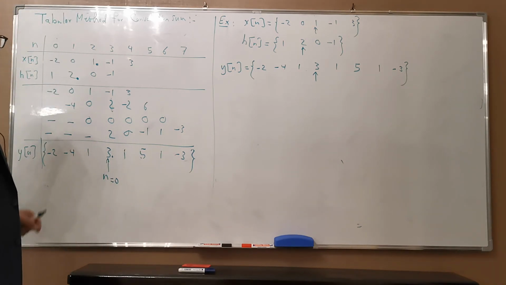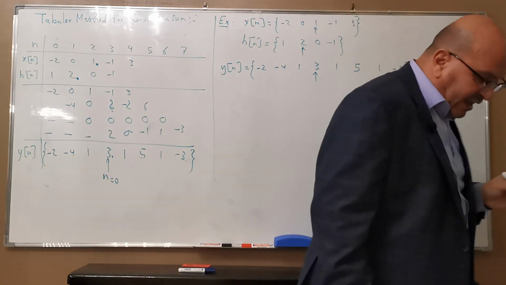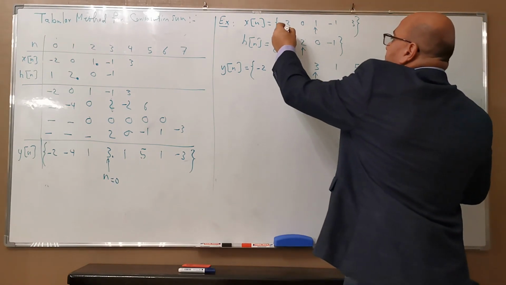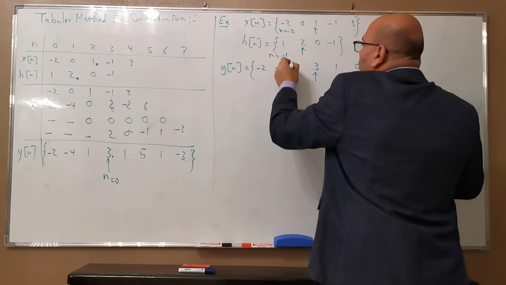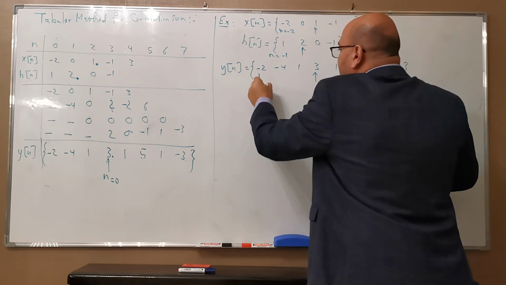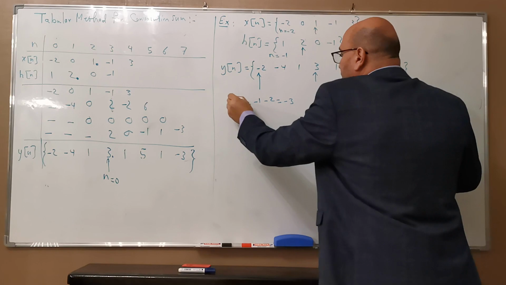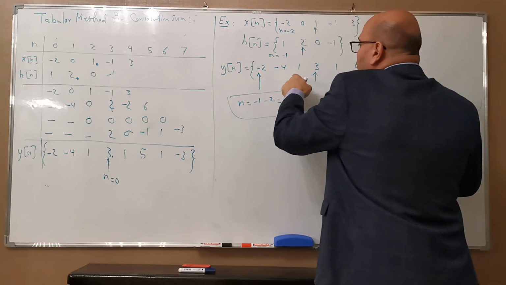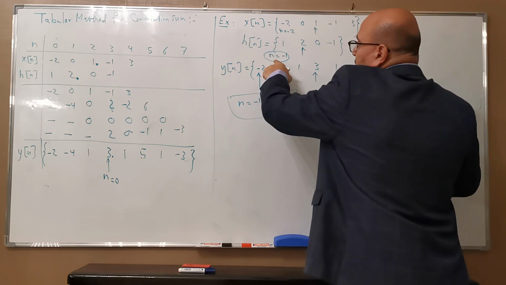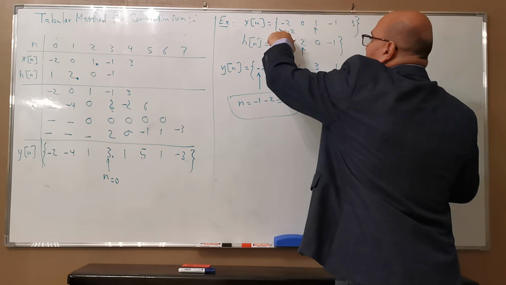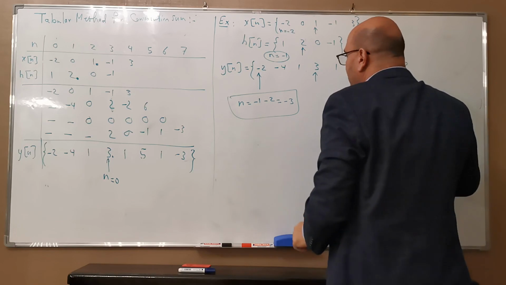If the first index of your sequence is n equals -2, and here is n equals -1, then your very first index in y is -1 plus -2, which equals -3. So 0, -1, -2, -3. It is the addition of the first index in h plus the first index in x. Their summation, -1 plus -2, is equal to -3.